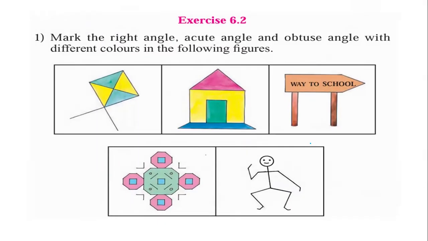Next, exercise 6.2. Mark the right angle, acute angle, and obtuse angle with different colors in the following figure. Use different colors. This is an acute angle. Here acute angle is found.